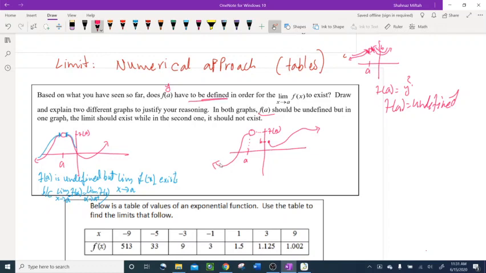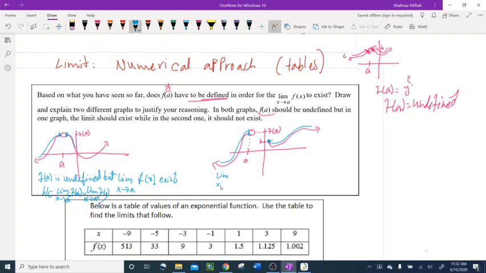No, the limit does not exist because as x approaches a from the left, it is arbitrarily close, and we round it up to f of a. And as x approaches a from the right, that's a defined point, but the y value is b. So the limit does not exist.